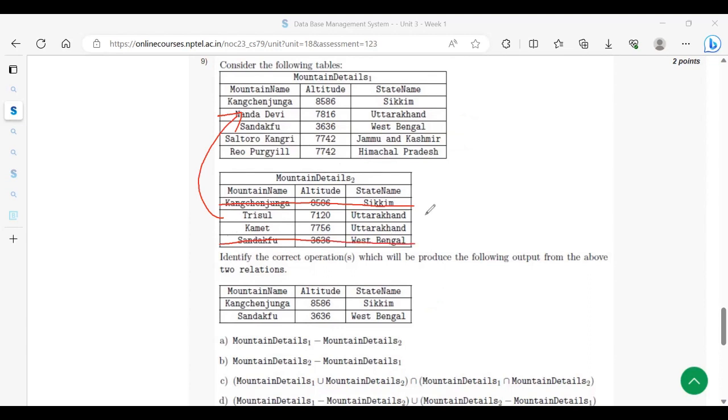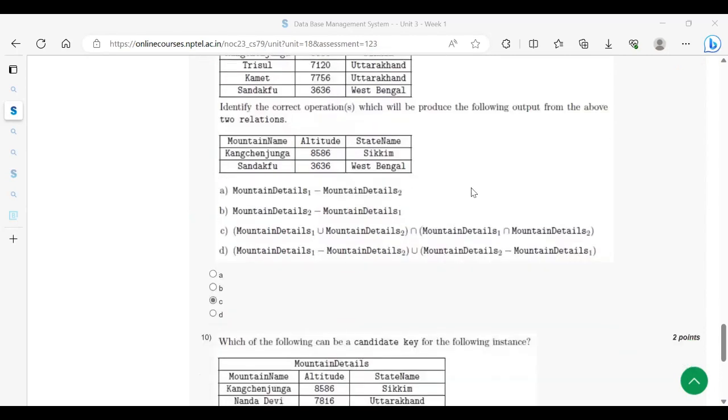Now if you see, 2 will remain, Trishul and Kamet. But if you see, Trishul and Kamet are not there. So now if you union between these two, and if you get the intersection between these two, then this C answer will come. If you have any doubts, you can ask me if you are not getting it. So this is answer number 3.